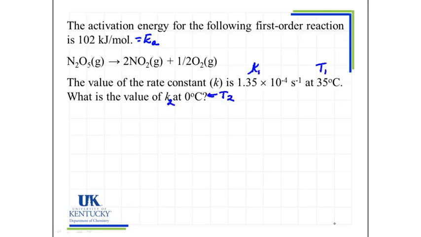Remember, you've got to have your temperatures in Kelvin. So T1 in Kelvin would be 273 plus 35, which is 308, and T2 would be 273 plus 0, which is obviously 273 Kelvin.